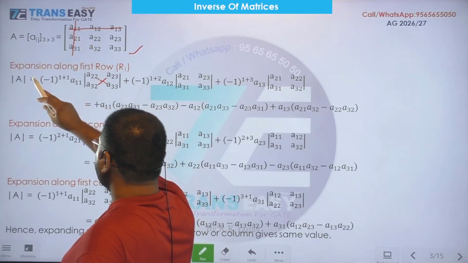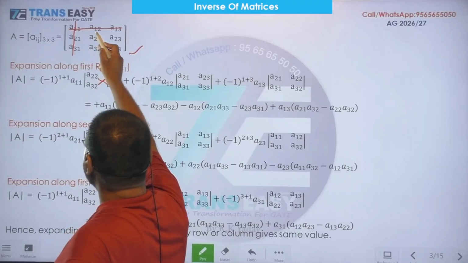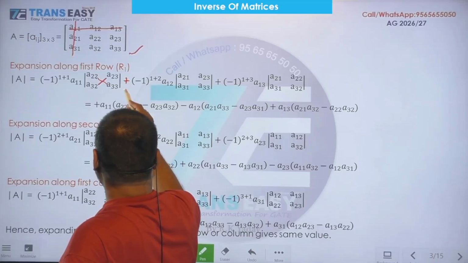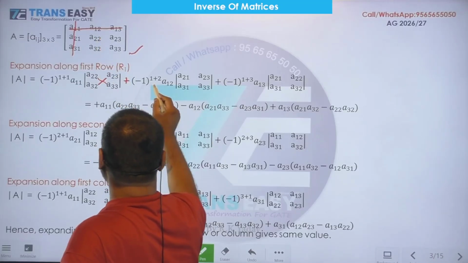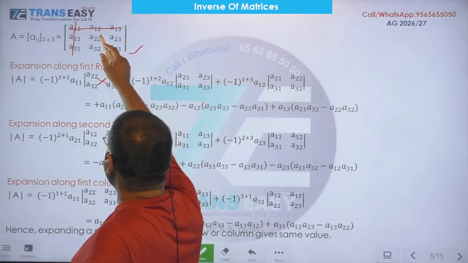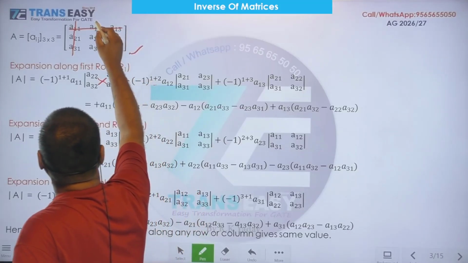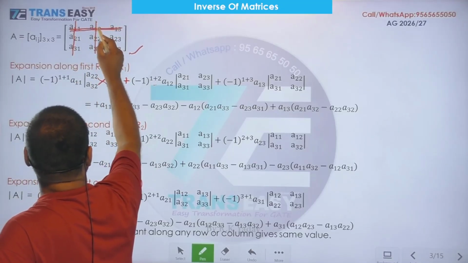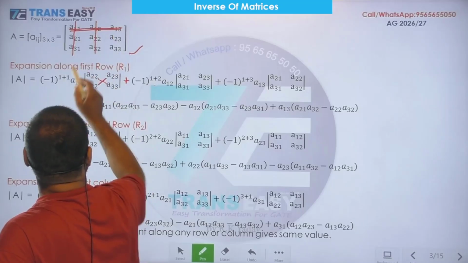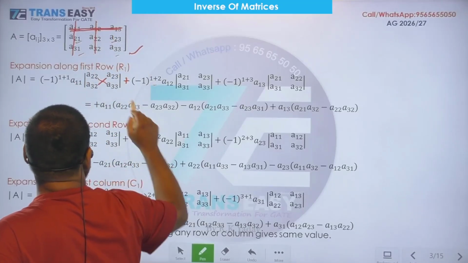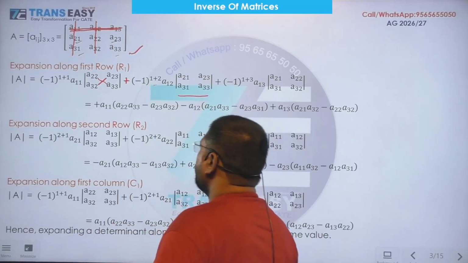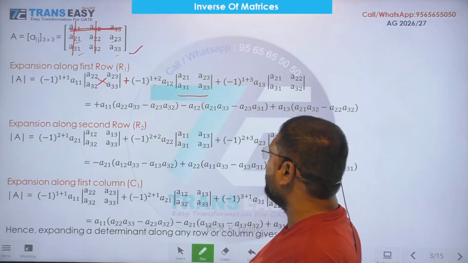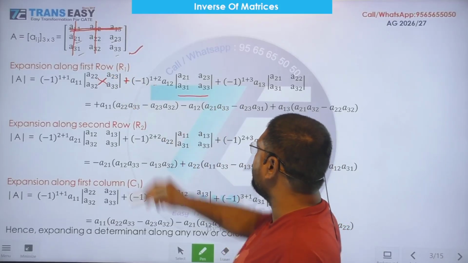We are using expansion along first row. So for this second element, minus 1 raised to the power 1 plus 2, A12, and leaving column and row passing through this element. So we have these elements of second order determinant A21, A23, A31, A33.